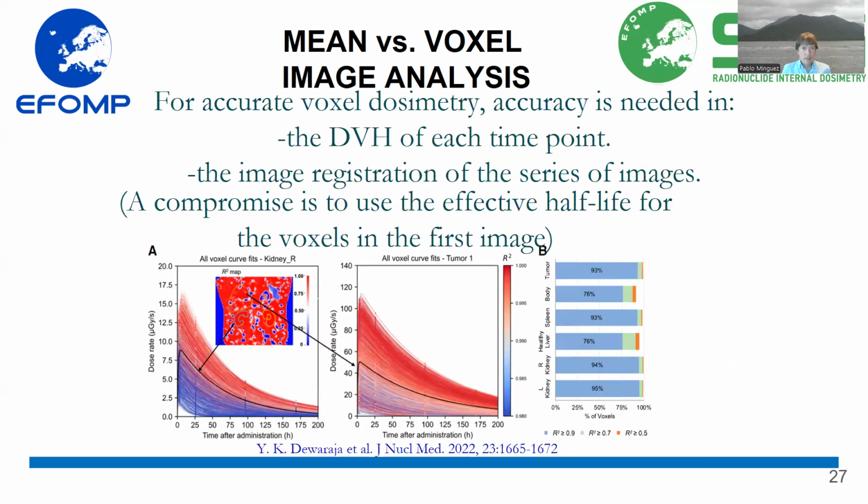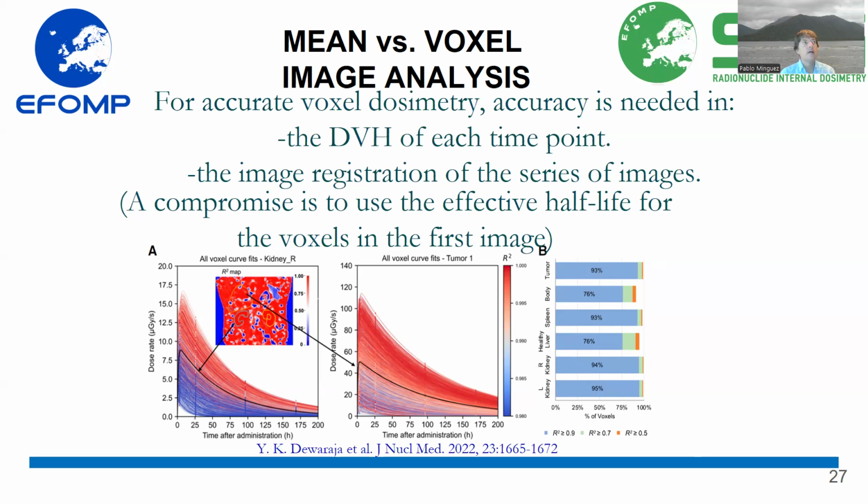So as the last point, we know that in the case of molecular radiotherapy, we don't only acquire one image. We acquire 3 images to determine the time integrated activities. So that makes it even more complicated to obtain accurate dose volume histograms of the absorbed dose.